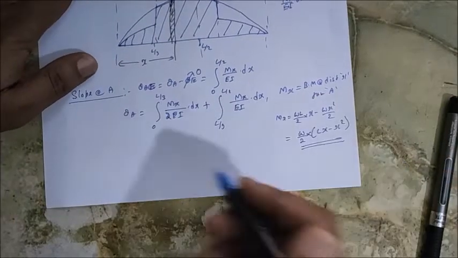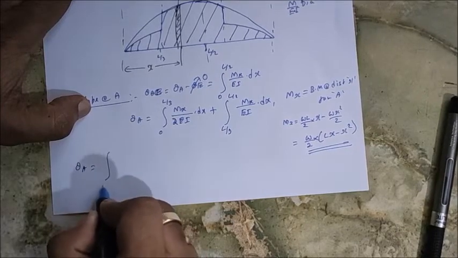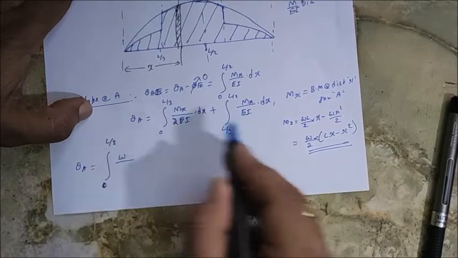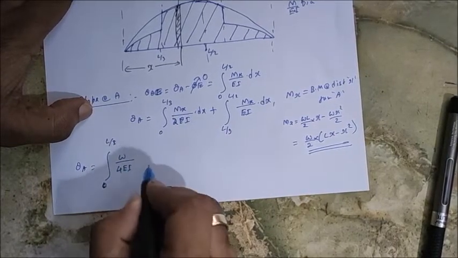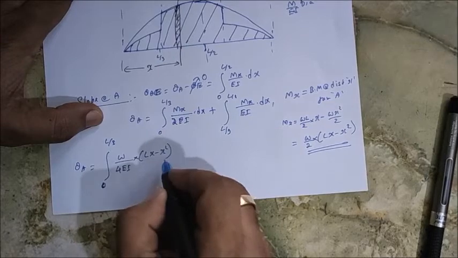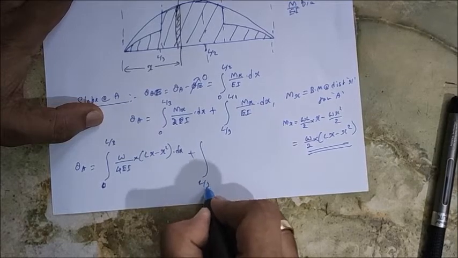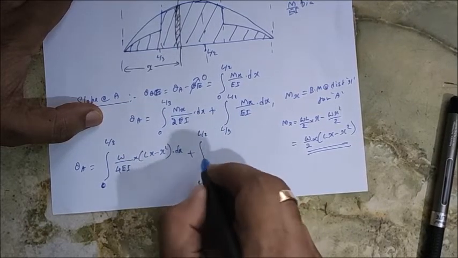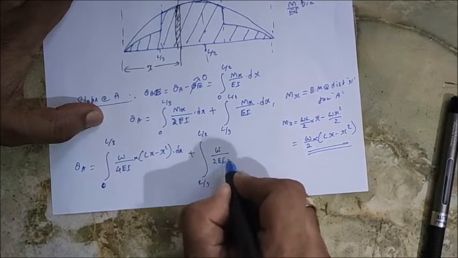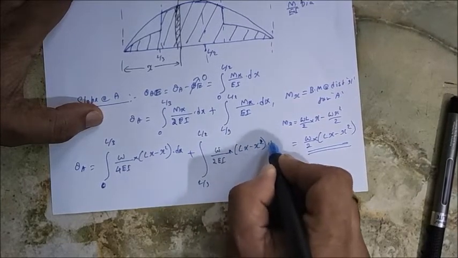Now substitute it in this equation. So theta A is equal to the integration from 0 to L by 3 of w by 2 into 2EI, that is w by 4EI, into (Lx minus x square) dx, plus the integration from L by 3 to L by 2 of w by 2EI into (Lx minus x square) dx.